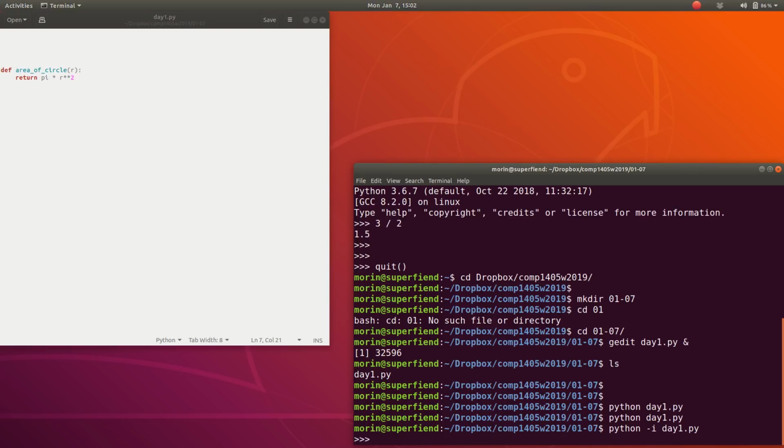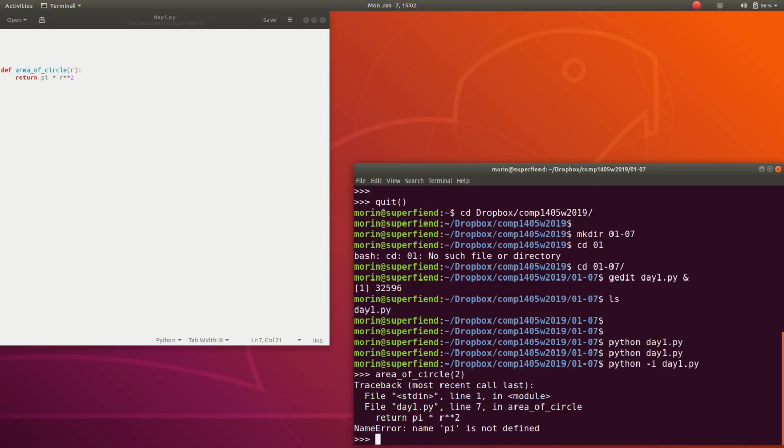Okay, so now it's loaded that file, but it's letting me now do something. And, well, I've defined this thing called area of circle now, so let's try and use it. So let's ask it for the area of a circle whose radius is 2. And finally, something happens. What happened?